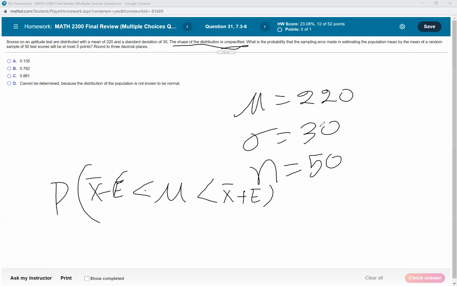So now you need to find the probability of X bar.